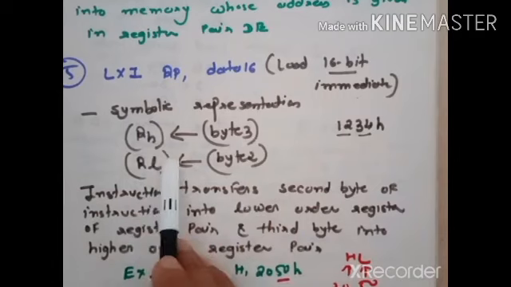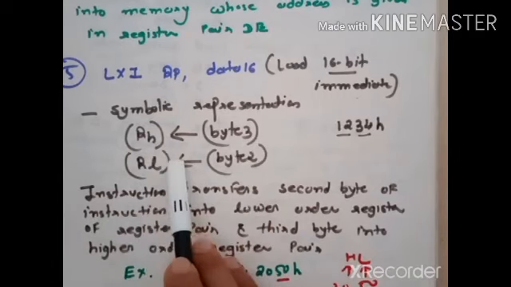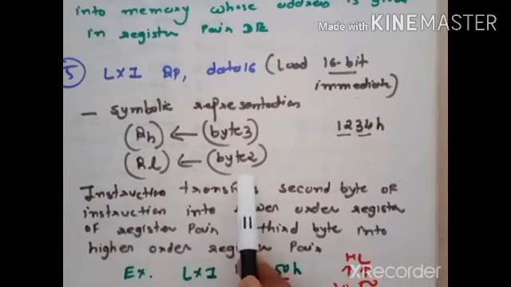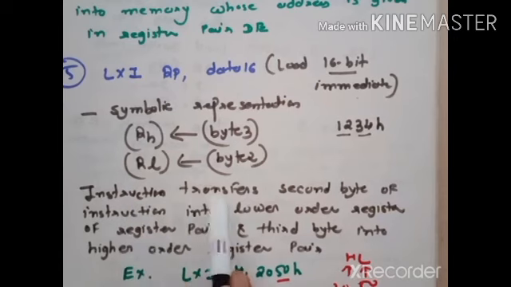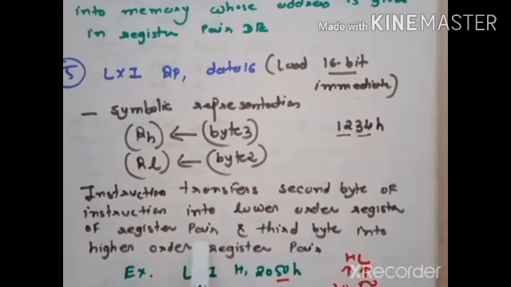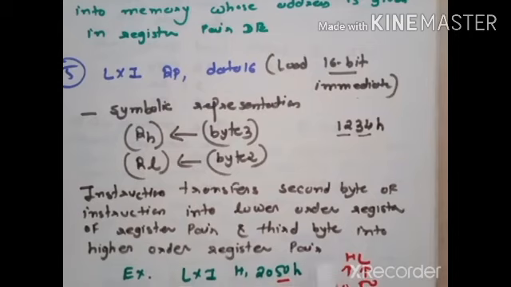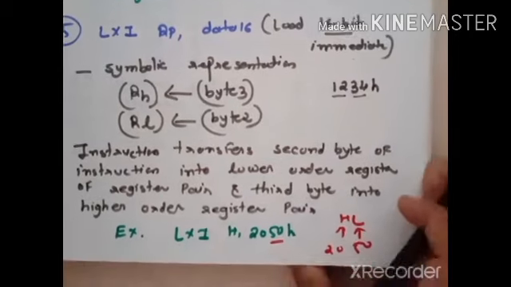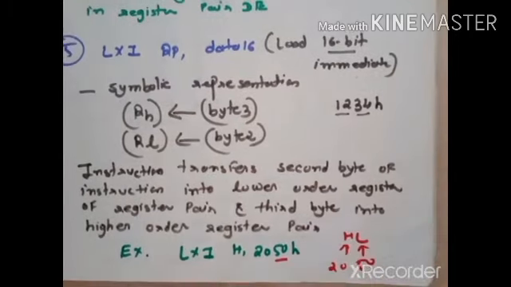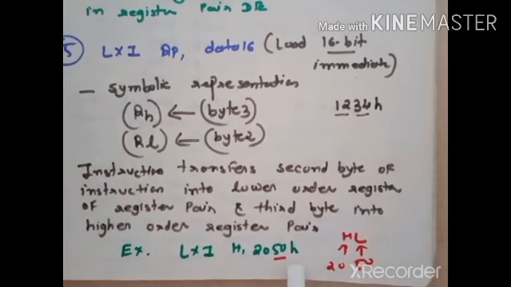Then in RL, that means lower register, transfer the byte 2. So in this instruction transfer second byte of instruction into lower order register of register pair and third byte into higher order register of the pair. Like example of this instruction is LXI H 2050.